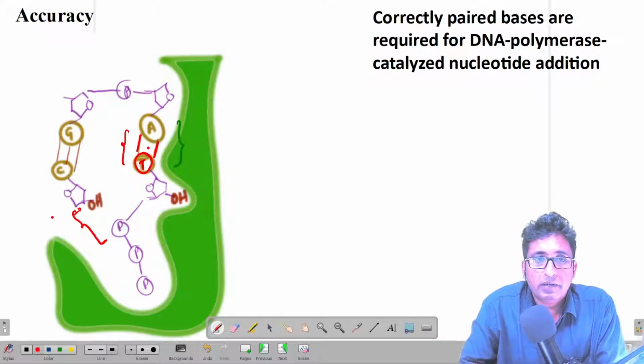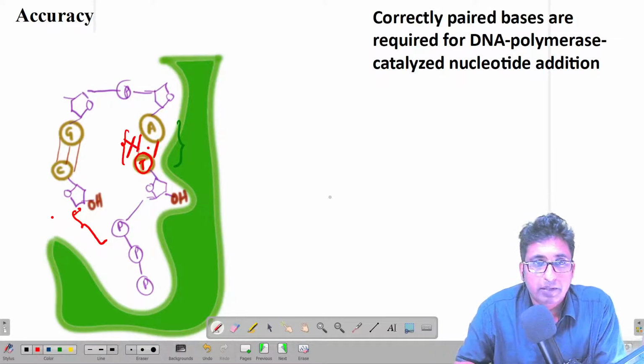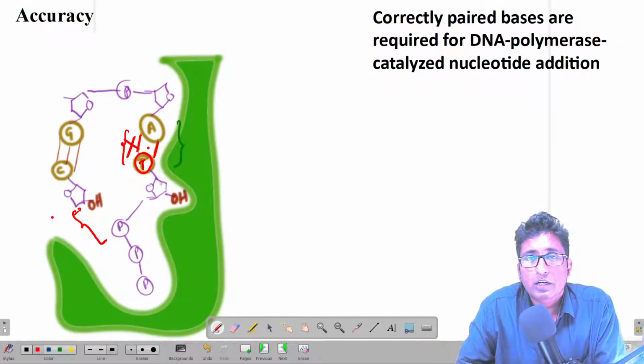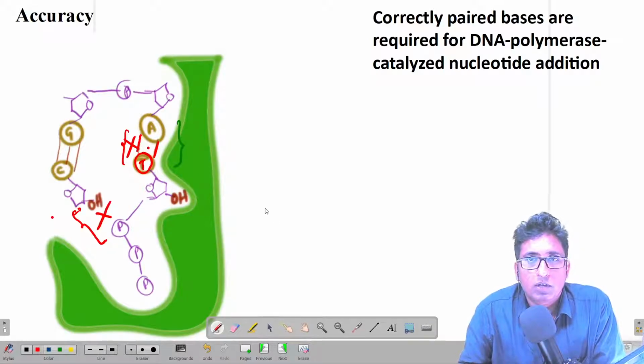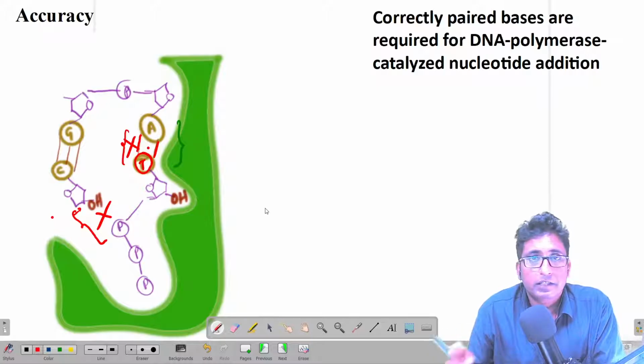If the base pairing is wrong, if it is not the classical Watson-Crick base pairing, then the incoming nucleotide would not be in the proper orientation, because of which the phosphodiester bond would not form. That is how DNA polymerase to a large extent eliminates any wrong incoming nucleotide.